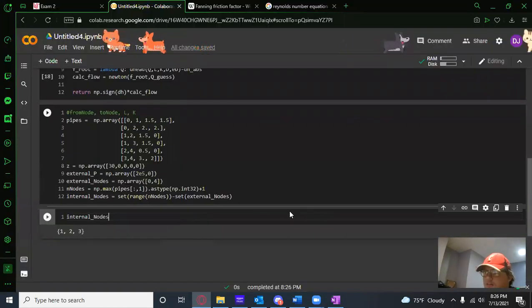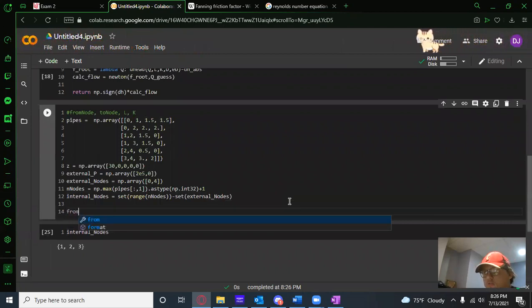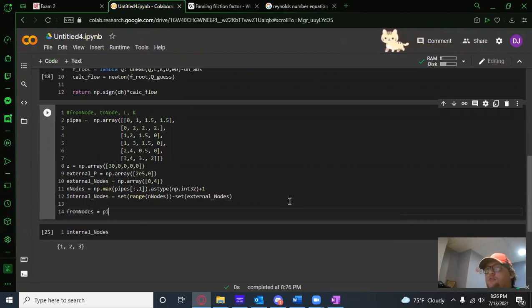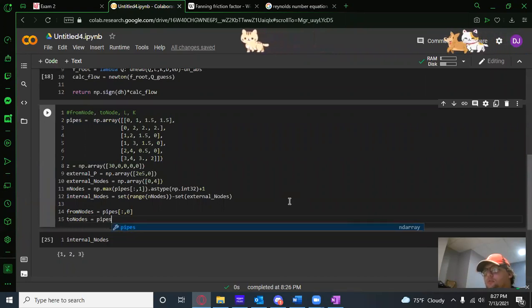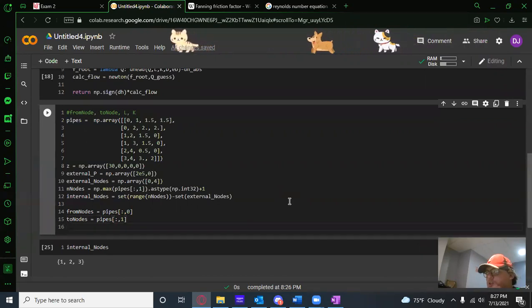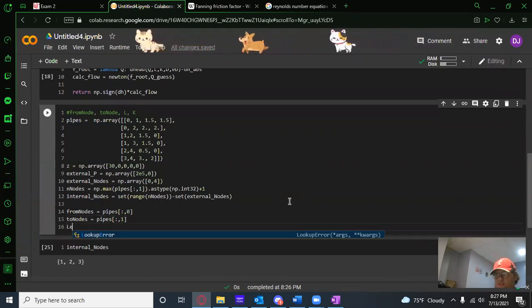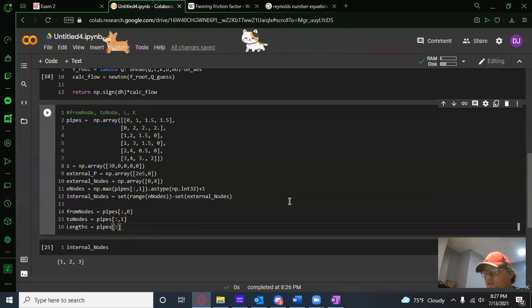So now we have that. Now let's break up each column. The from nodes is going to be equal to pipes, all the arrays, 0th index. The to nodes, same deal, pipes, index 1. Our length equal to pipes, all the arrays, second index.